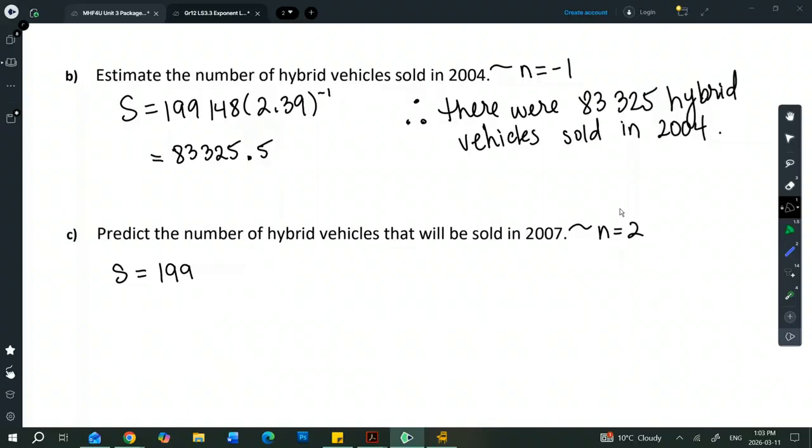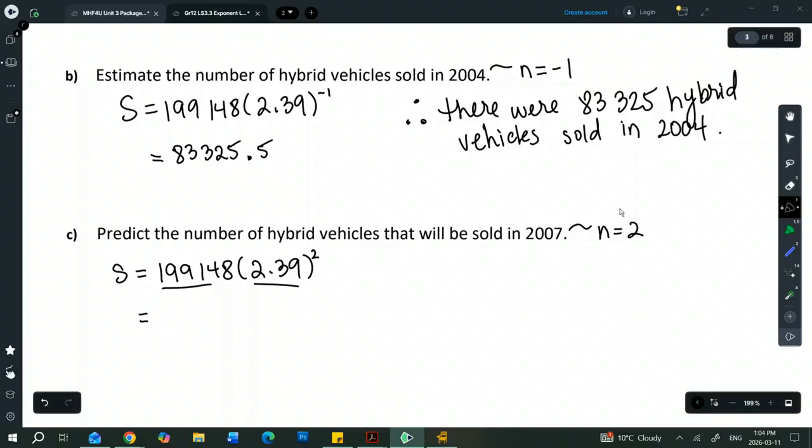So we'll put in 2 for N. And if we enter this into our calculator exactly as shown, it will take care of bed mass rules for us. But just make sure you're never doing this times this first. We want to do exponents first. What'd you get?